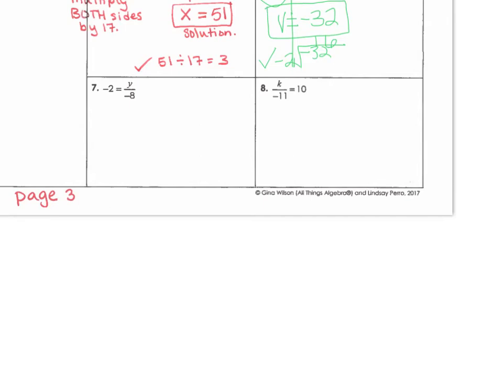Okay, so find your variable. We have a y. Don't freak out that it's on the right side, okay? Same business. All right, what's happening to our y? It's being divided by -8. What's the opposite of dividing? Multiply by -8.